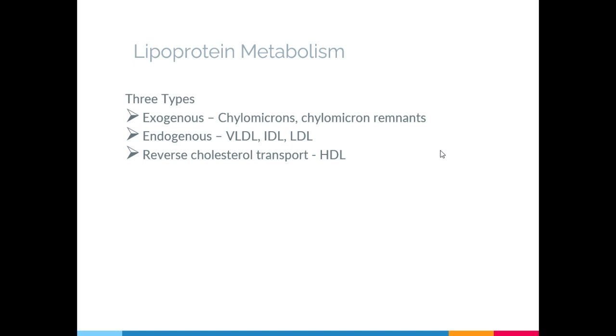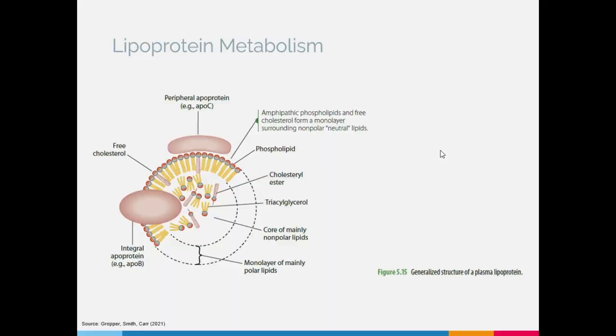Endogenous lipid transport is coordinated by very low density lipoprotein, intermediate density lipoprotein, and low density lipoprotein. And reverse cholesterol transport is coordinated solely by high density lipoprotein.